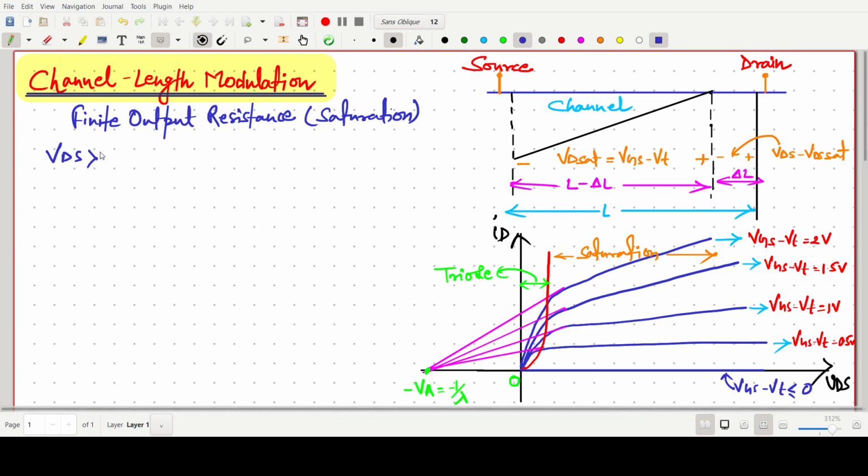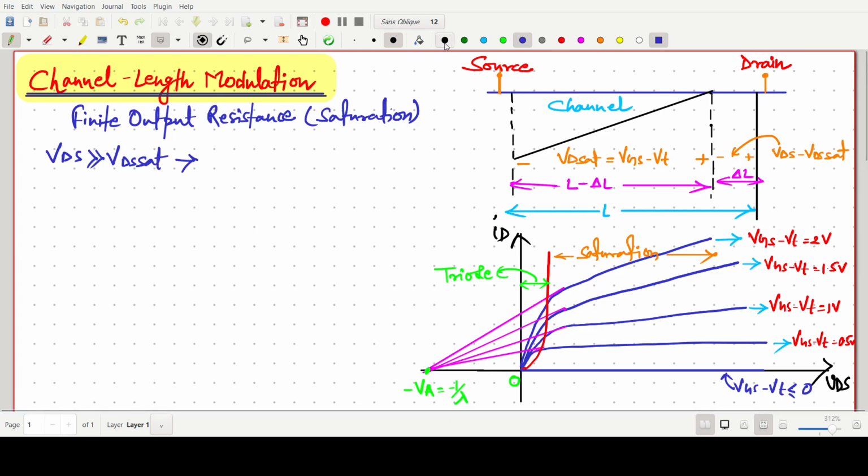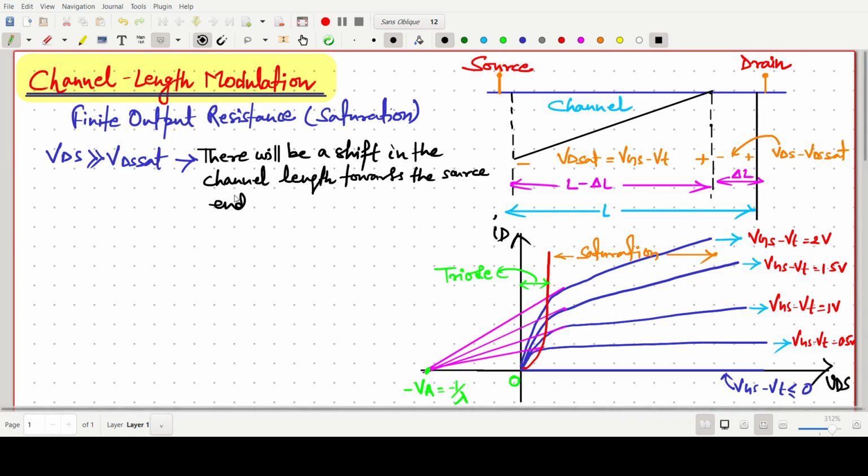If we increase this VDS just slightly greater than VDS set, there will be a shift in the channel length towards the source.